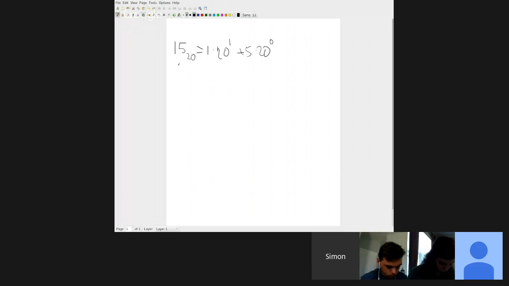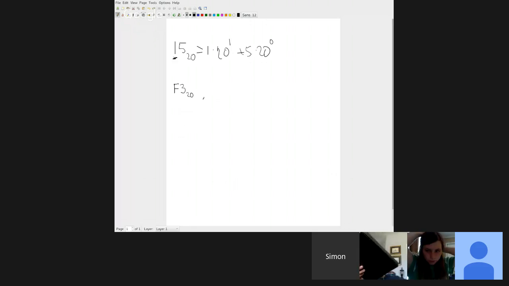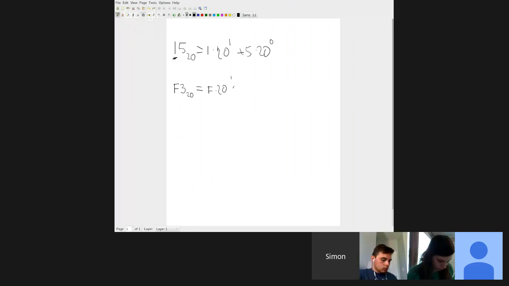But how, for example, would we write a number that contains digits that are greater than 9? So I can say, for example, F3 in a number system with base 20. What will it be? It will be F times 20 raised to the power of 1 plus 3 times 20 raised to the power of 0.